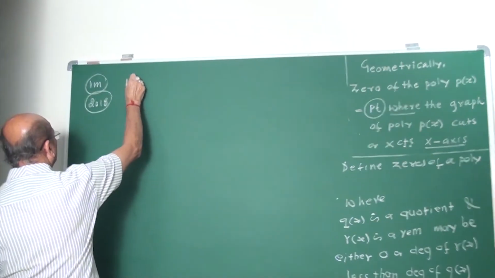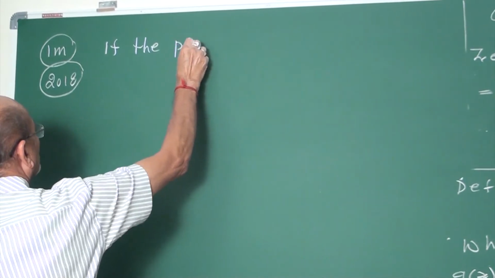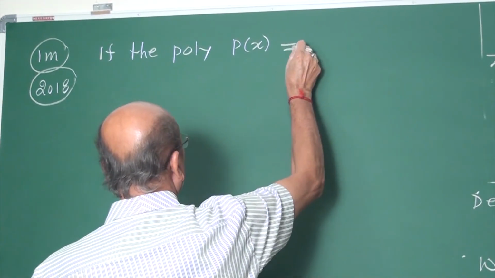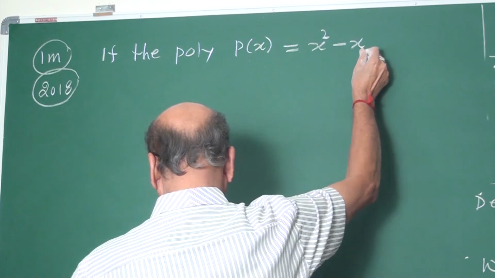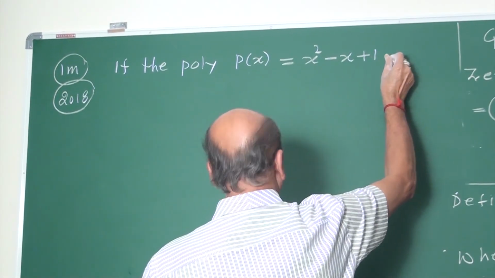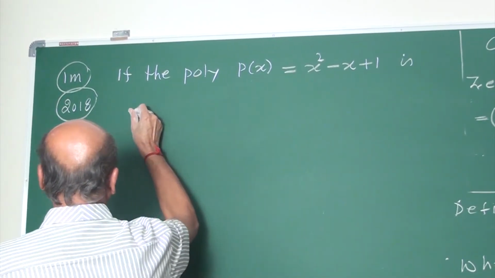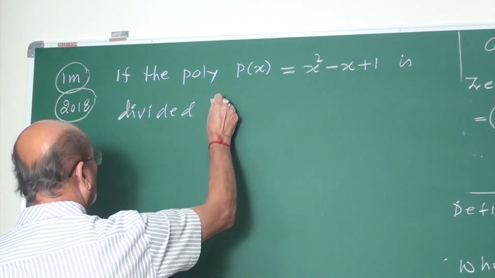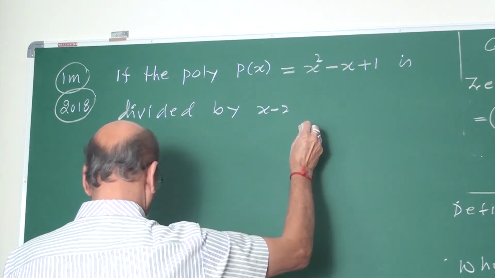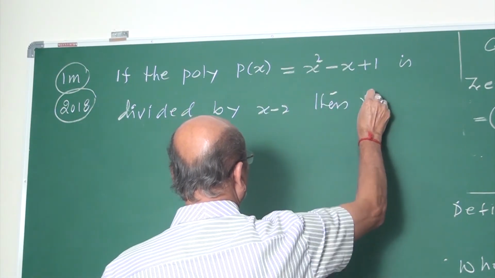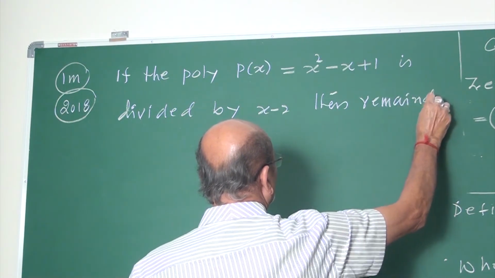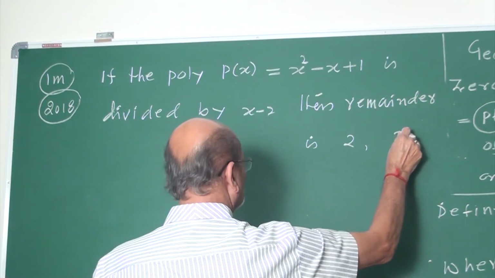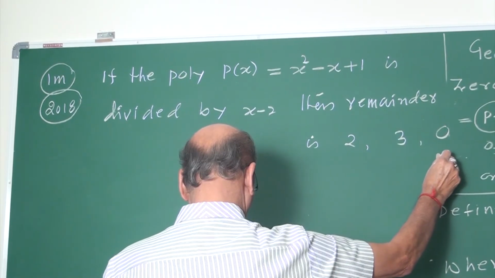If the polynomial px equal to x square minus x plus 1 is divided by x minus 2, then the remainder is: the options are 2, 3, 0, 1.